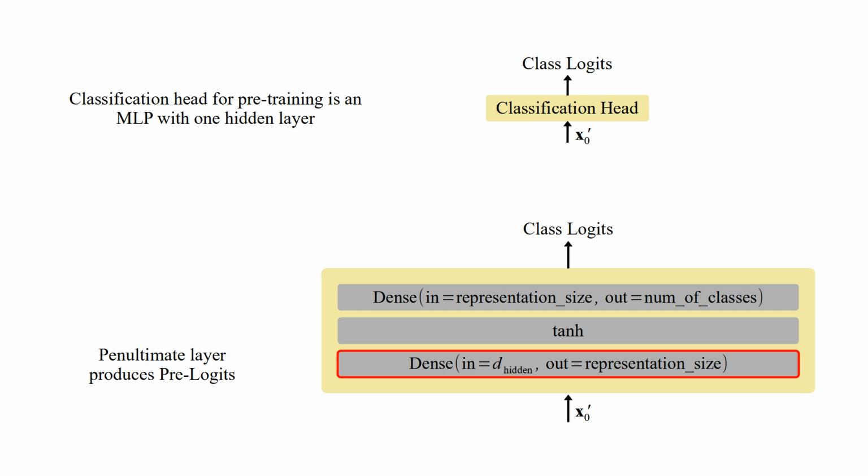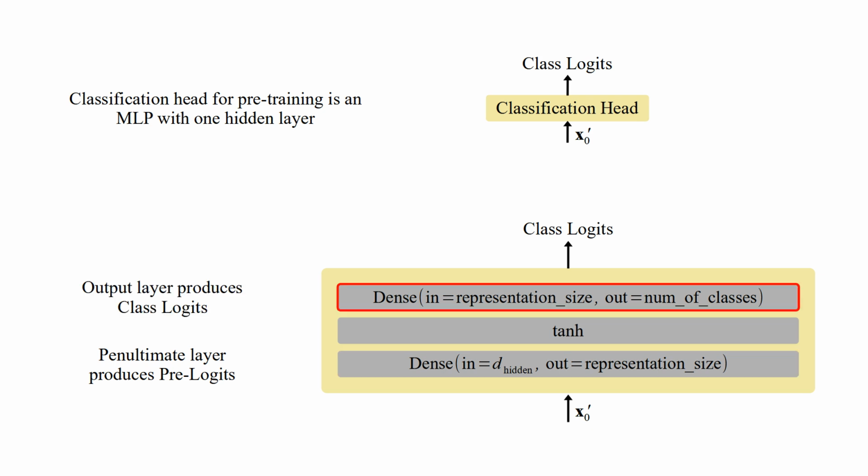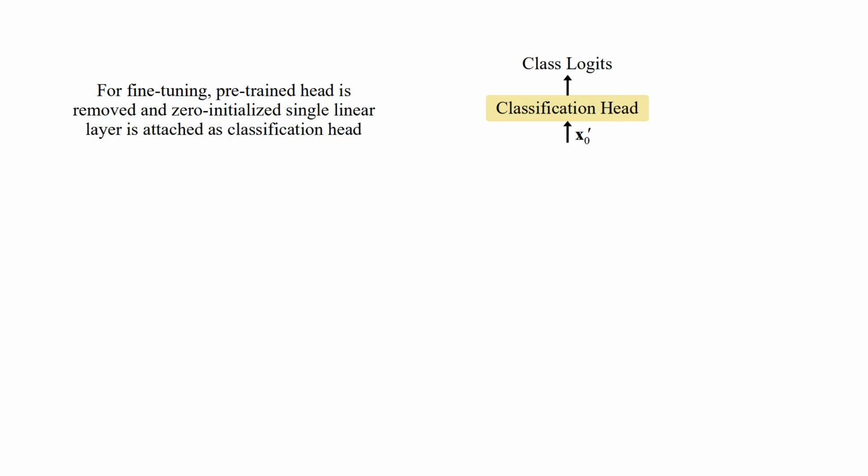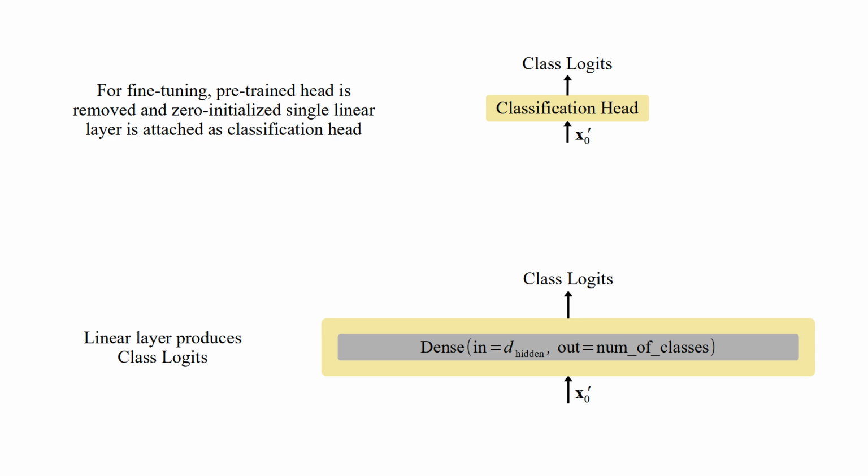Penultimate layer produces prelogits, and output layer produces class logits. For fine-tuning, pre-trained head is removed, and zero initialized single linear layer is attached as classification head. Linear layer produces class logits.